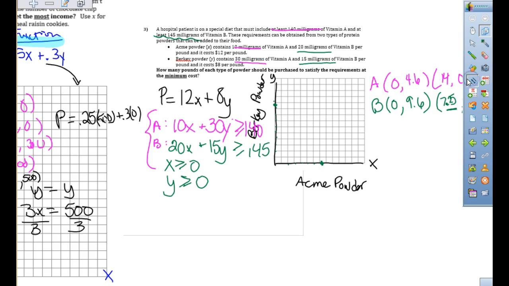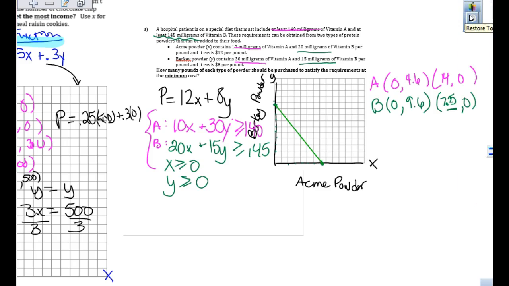So when you're on the quiz, this is kind of what it'll look like. If you do the same thing in the first quadrant, right? So now we are looking at our other ordered pair, which was at 0, 4.6 and 14.